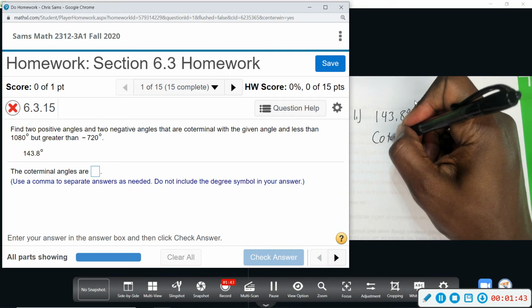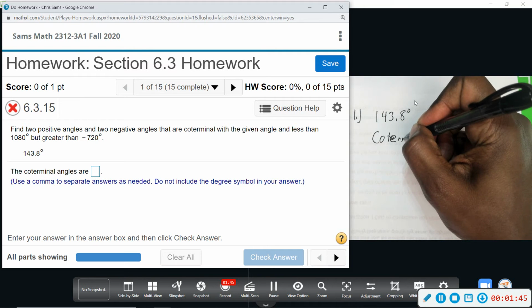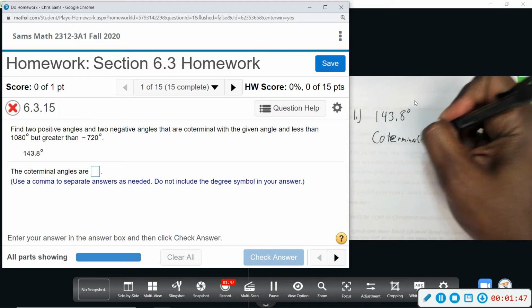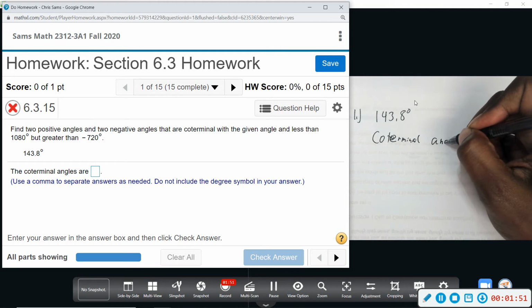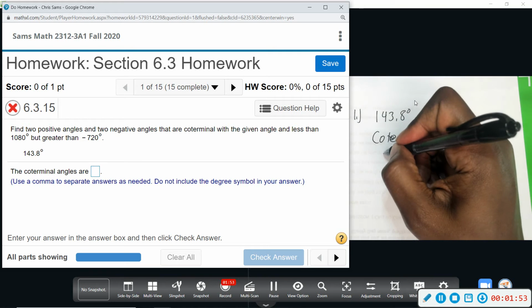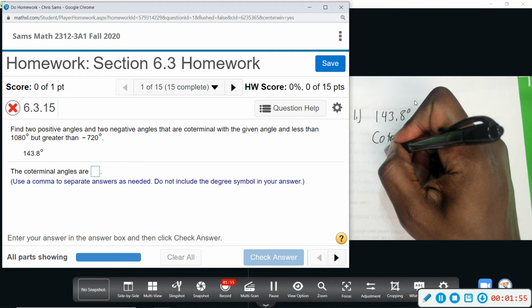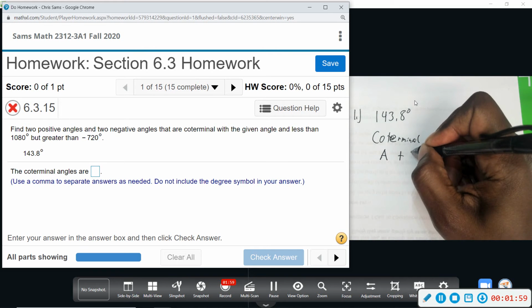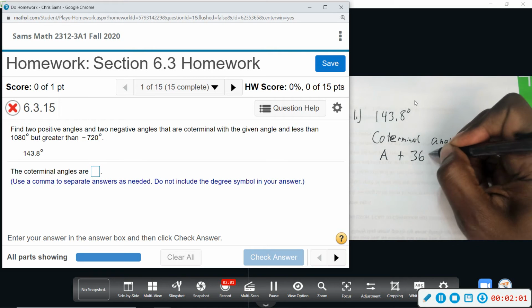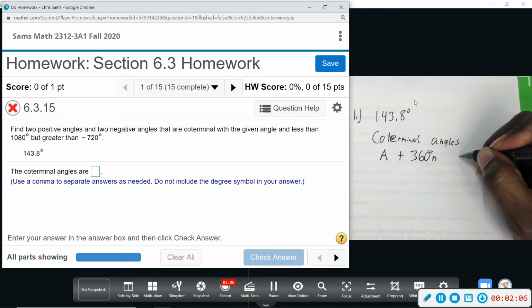So the coterminal angles are going to be the angle plus 360 times n. We'll say n is an integer.